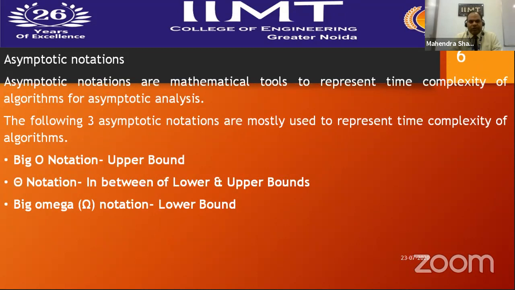There are three kinds of asymptotic notations which are mostly used. Big O notation is basically used for the upper bound. The second one is theta notation. Generally, it's used to show the lower and upper bound, you can say the average bound, and big omega is for the lower bound. So let's discuss one by one.